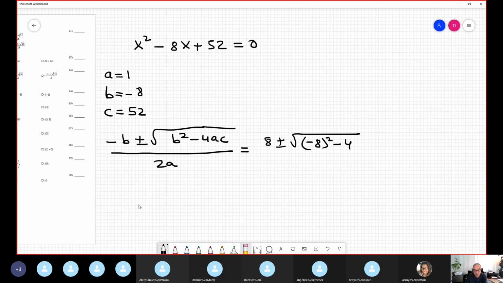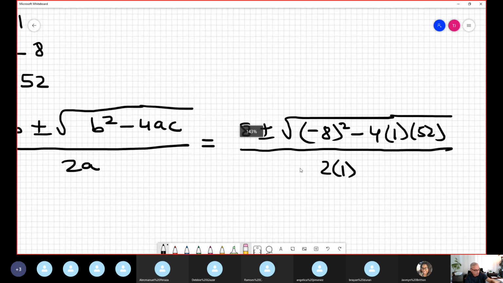So times 1 is invisible, times 52, divided by 2 times 1. Okay, now focus on the expression inside the radical. Look, this expression. Okay, this is 64 positive.